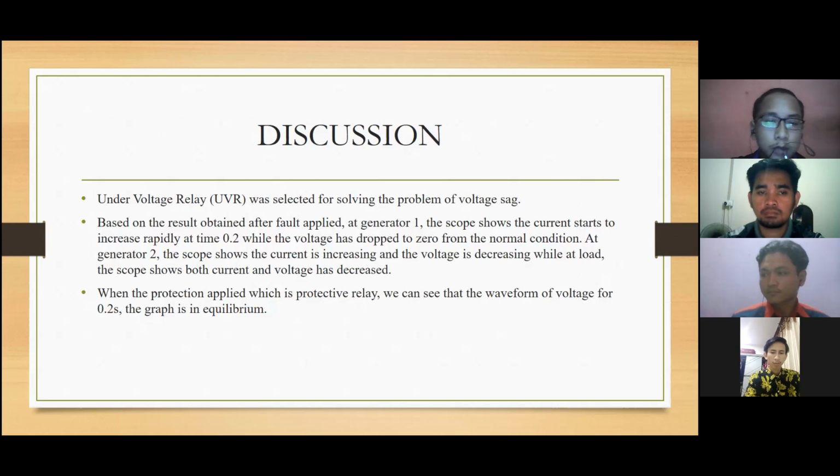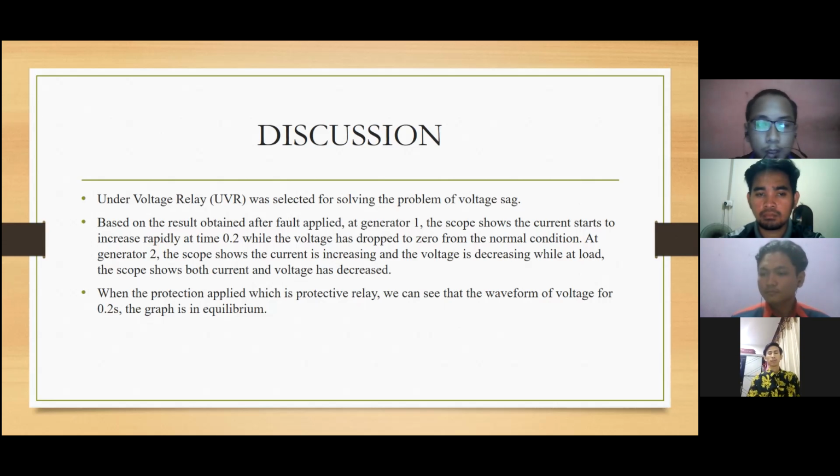Based on the result obtained after the fault was applied at generator 1, the scope shows that the current starts to increase rapidly at time 0.2, while the voltage has dropped to 0 from the normal condition. At generator 2, the scope shows the current is increasing and the voltage is decreasing, while at the load, the scope shows both current and voltage have decreased.